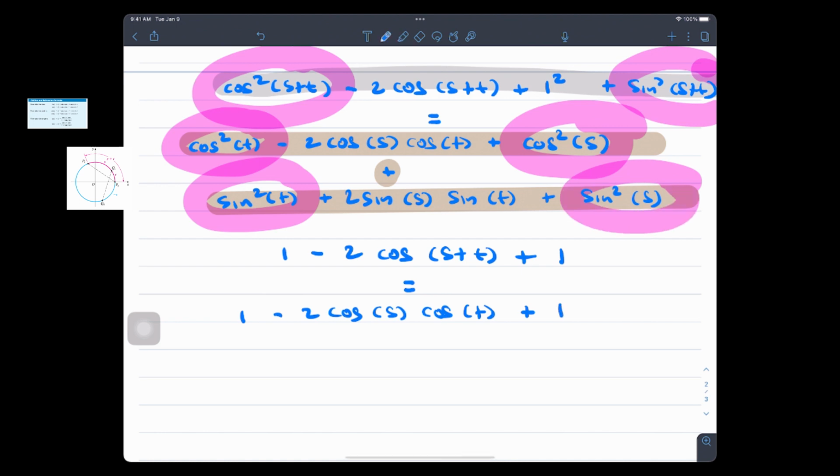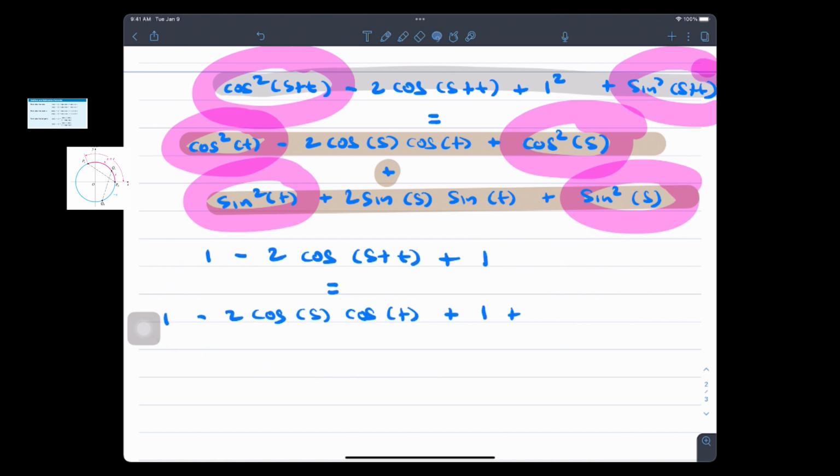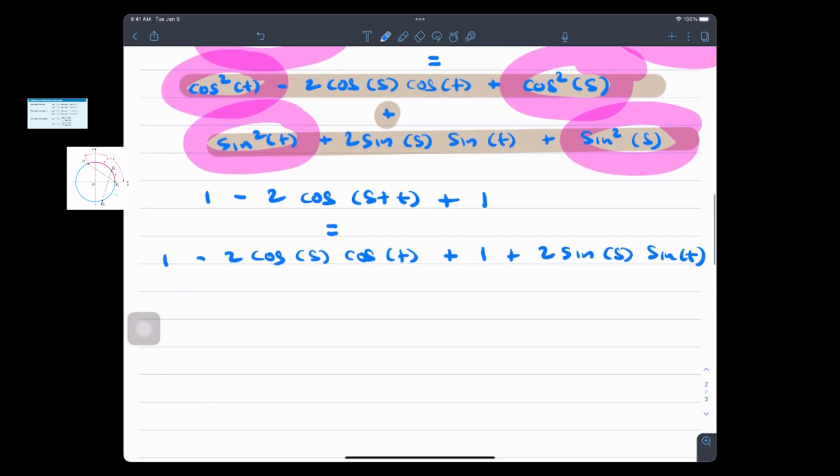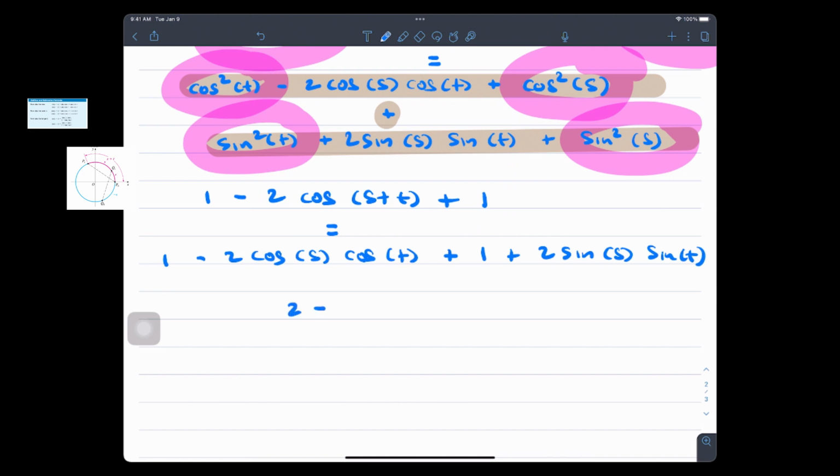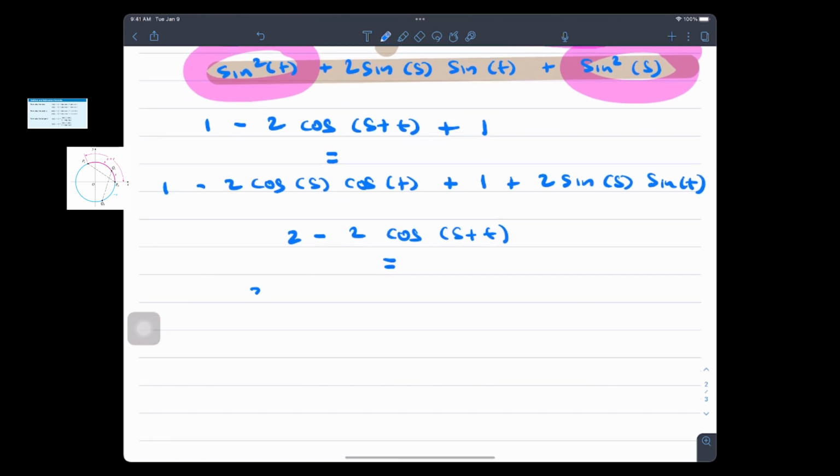So that's plus another 1, plus the 2 here, 2 sine s sine t. So we get 2 minus 2 cosine(s plus t) equals 1 and 1, another 2, minus 2 cosine s cosine t plus 2 sine s sine t.